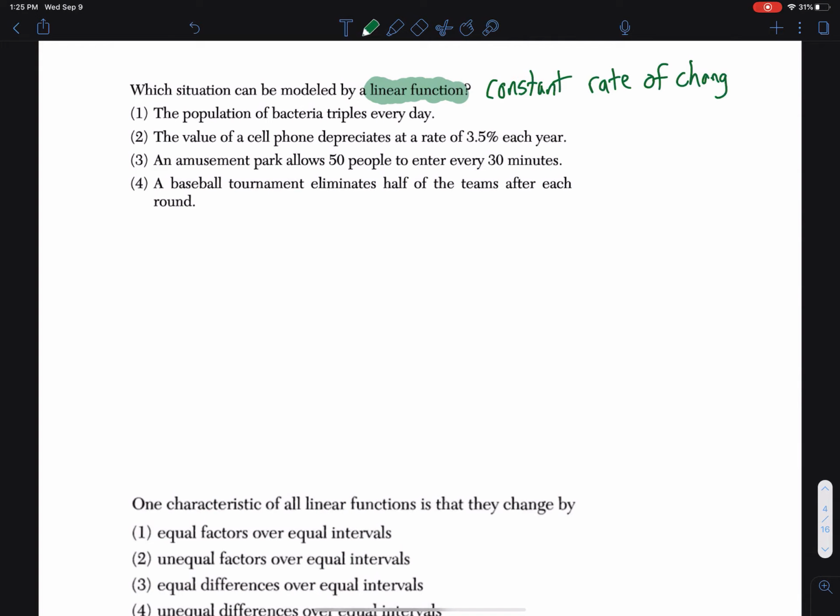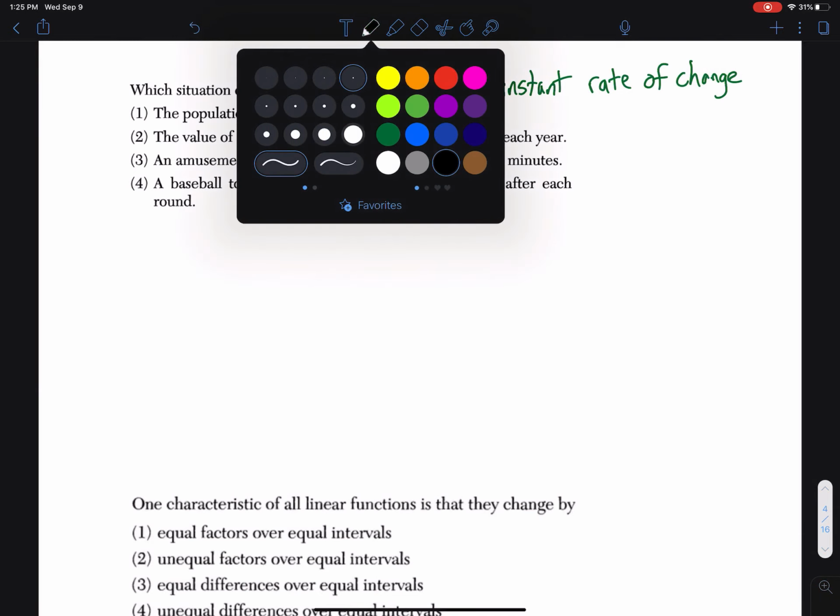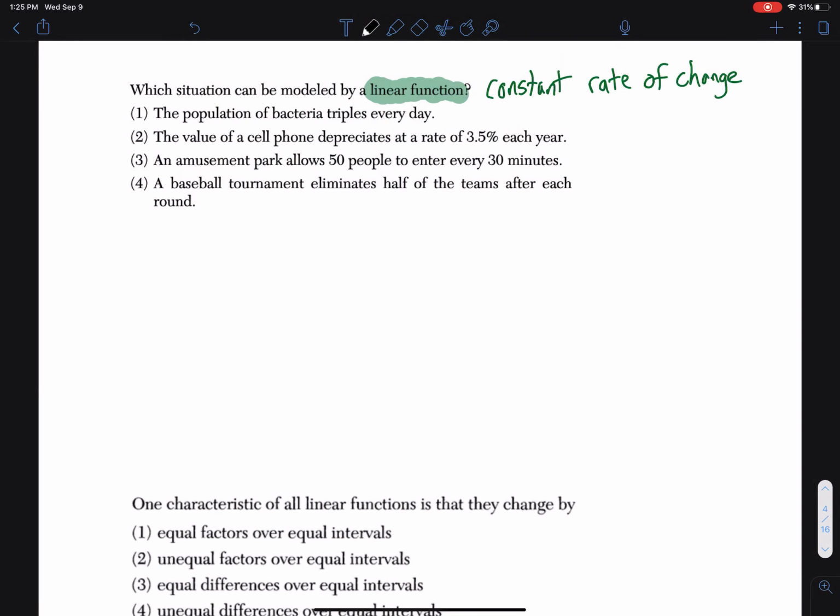So we want to figure out which scenario here, 1, 2, 3, or 4, has a constant rate of change. What I'm going to do is make a table for each of them and see which one has a constant rate of change. I think that's the easiest way of going about it. So let's take a look at number 1. The population of bacteria triples every single day. So we have the population and we have the days.